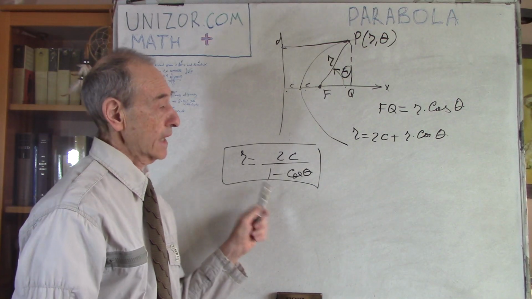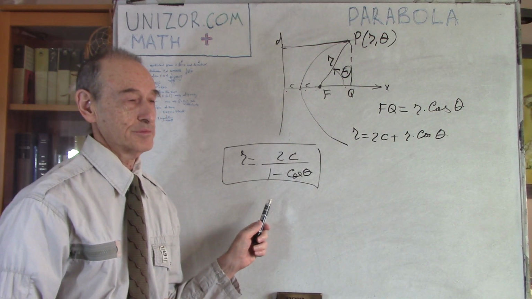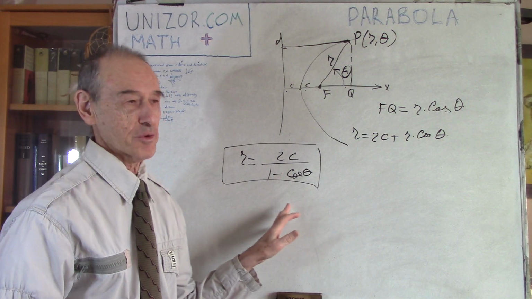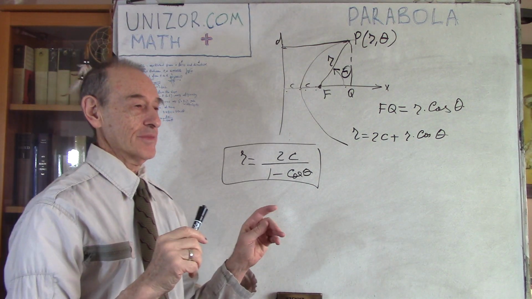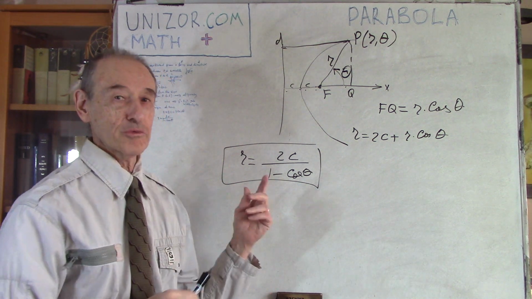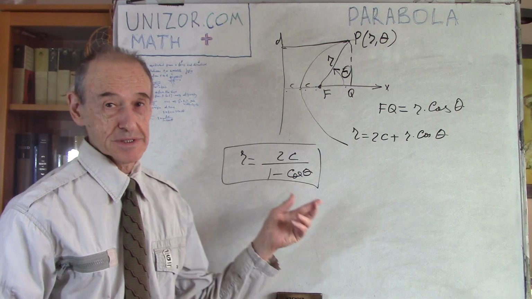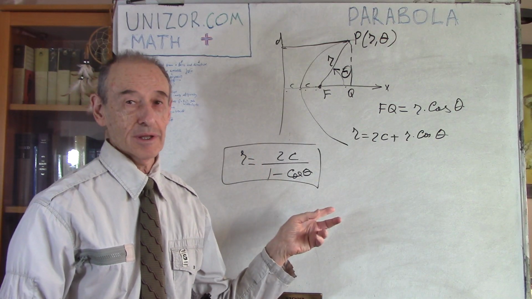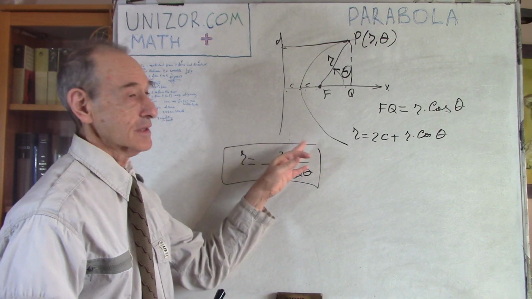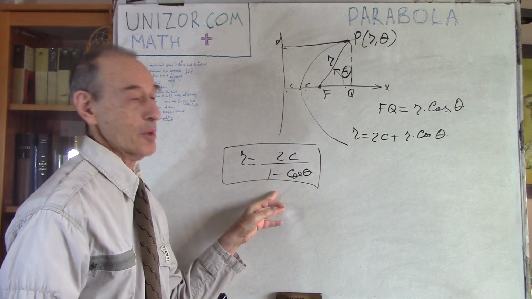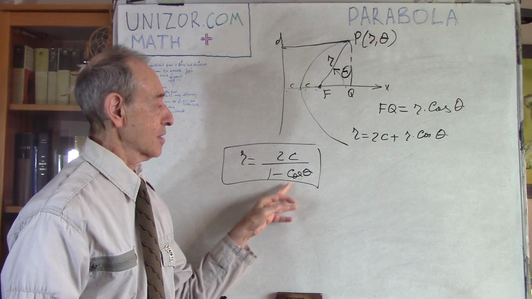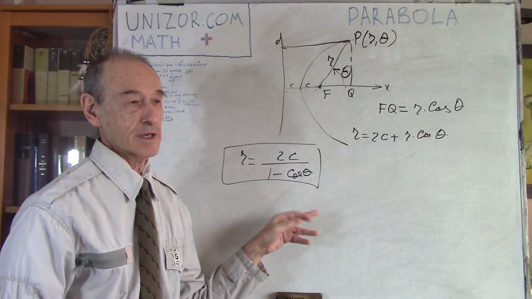Now, I would like to discuss just a couple of words about this formula. Maybe you remember, maybe you don't, but the formulas for the ellipse and hyperbola did look alike. There are different things in the numerator, but in the denominator it was 1 minus eccentricity e times cosine.